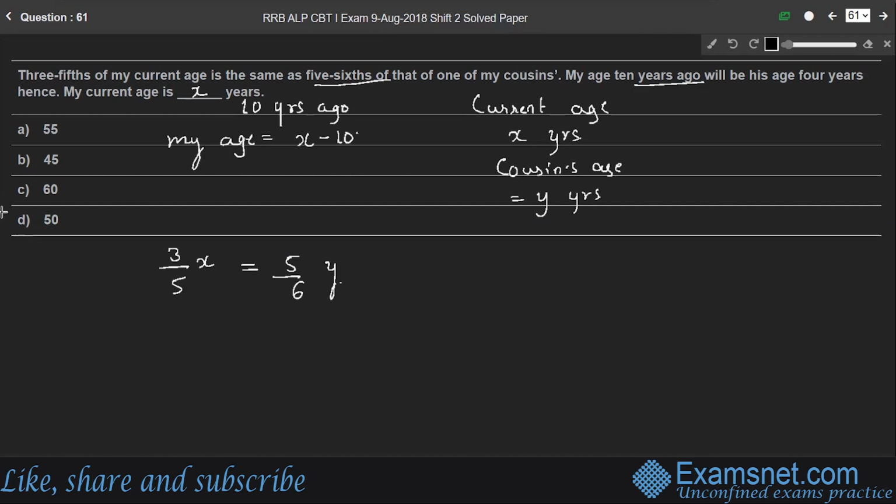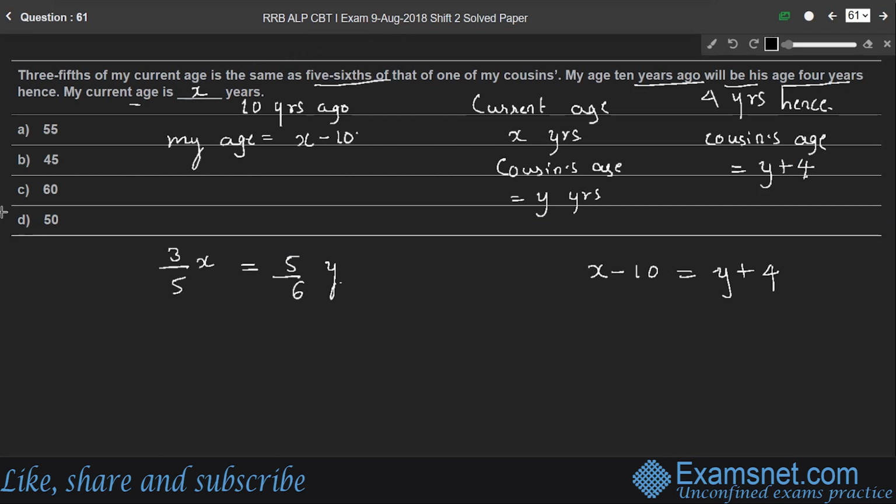My age 10 years ago will be his age 4 years hence. 4 years hence means 4 years after, so the cousin's age will be Y plus 4. So it is given that X minus 10 will be his age 4 years hence. X minus 10 is equal to Y plus 4, right?